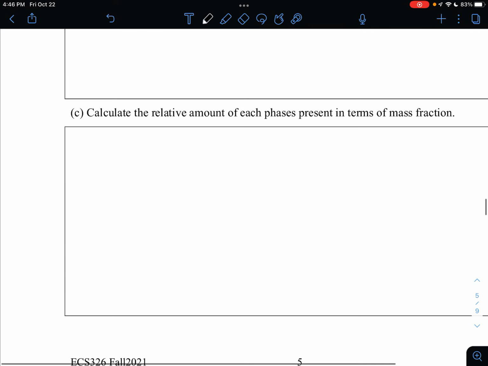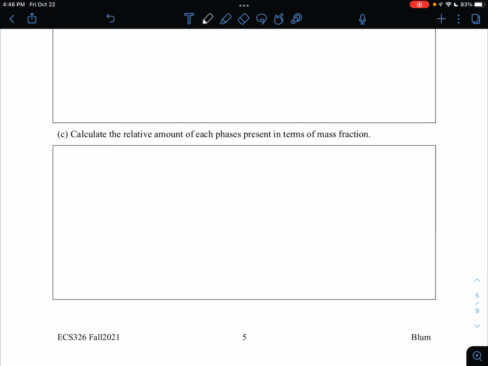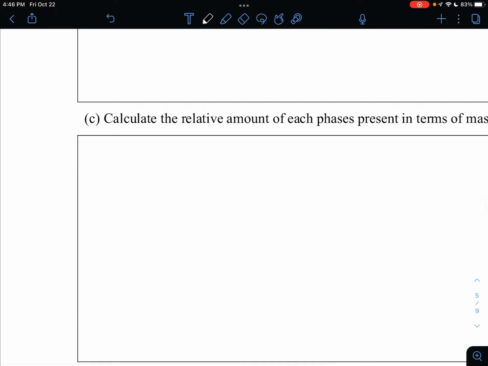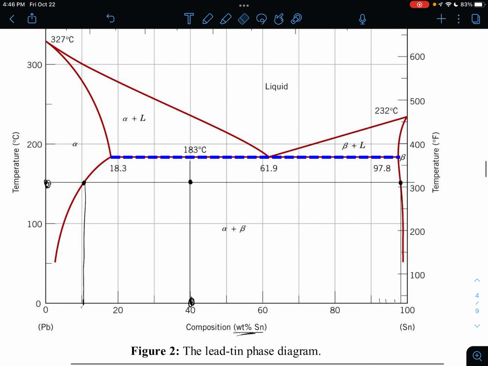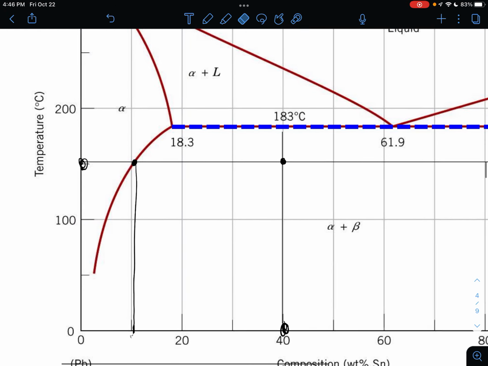Now calculate the relative amounts of each phase present in terms of the mass fraction. So this is the lever rule that we were looking at. These are going to be our W alpha and our W beta. If I look up here, I'm not going to erase these lines, so we have it coming across.